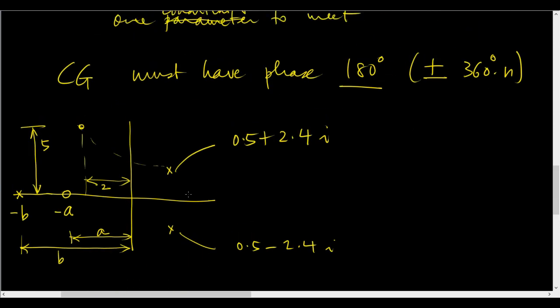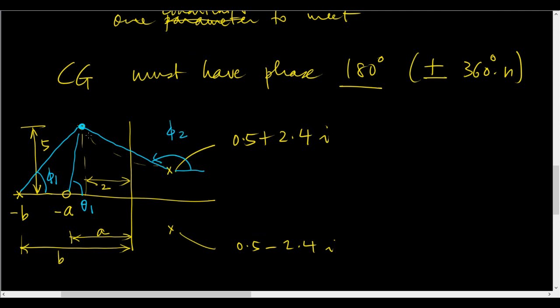Now, when the root locus point is here, I have this angle. Let me call it theta 1. I have this angle. Let me call it phi 1. I have this angle. Let me call it phi 2.